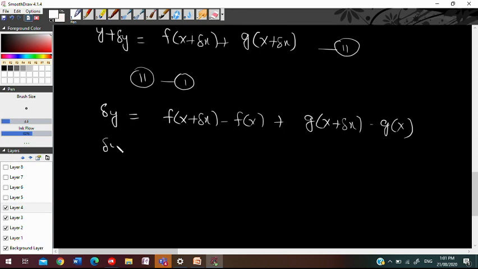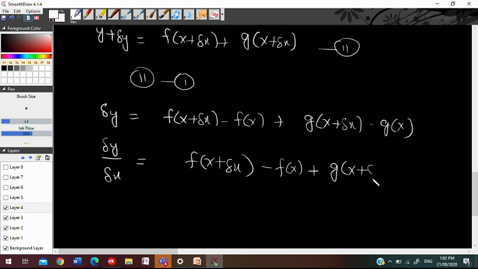dy by del x is equal to f of x plus del x minus f of x plus g of x plus del x minus g of x, whole divided by this del x.